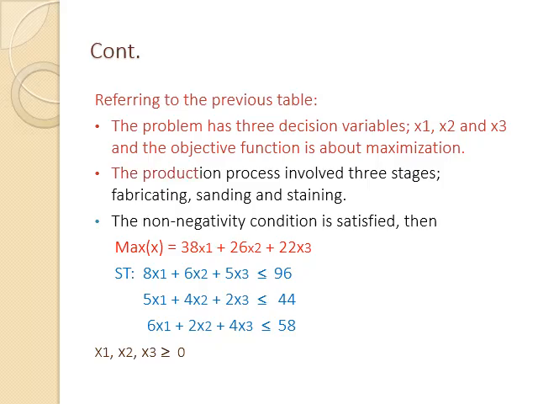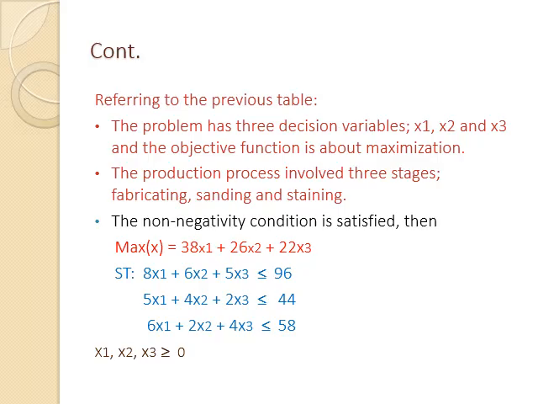Respectively, the second aspect talks about the constraints. The production process involves three stages: fabricating, sanding, and staining.